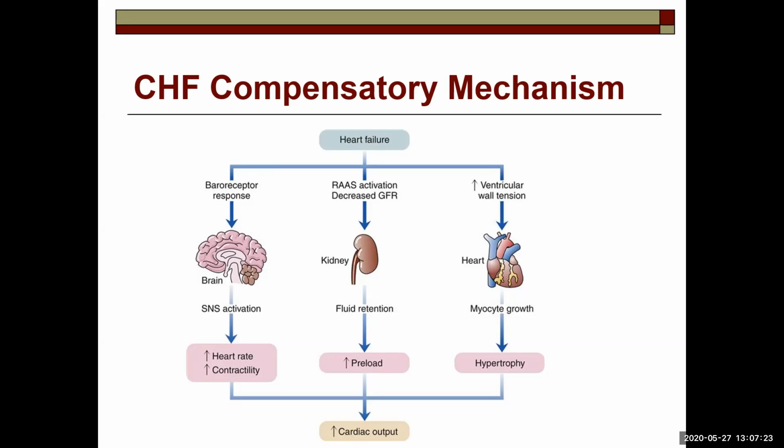And when you increase the number of myofibrils, eventually you enlarge the heart, not because of fluid, but because you're increasing the protein, the myosin and the actins. By increasing that, you end up with an enlarged heart because it needs to compensate on the contraction within the heart, and that would increase your cardiac output by increasing the contractility of the heart.